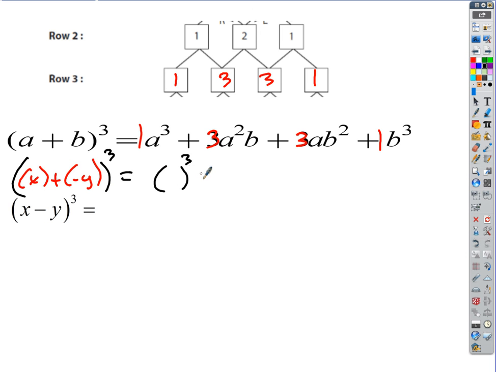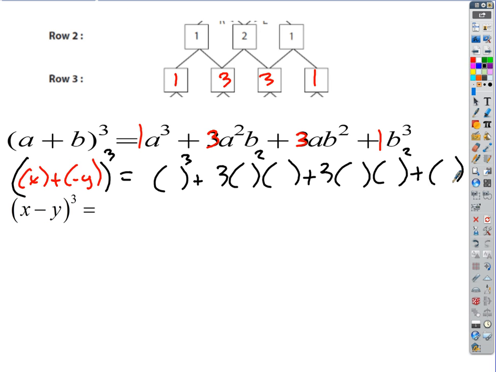So I'm just going to follow my pattern, right? Where I've got A is x, B is negative y, and if I simplify that, I'm going to get x cubed. 3 times x squared times negative y is minus 3x squared y. 3 times x times, what's negative y squared?